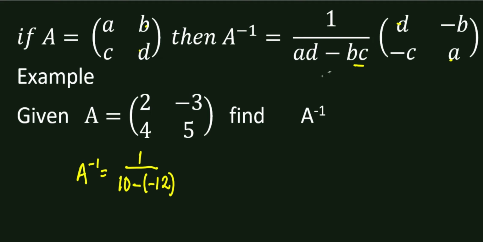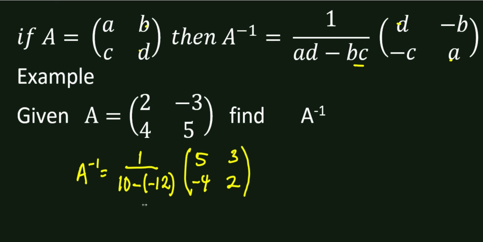Then we get the adjoint of A. We interchange the leading diagonal, so it becomes 5, 2. Then we multiply minus 3 and 4 by minus 1, so minus 1 times minus 3 gives us 3, and minus 1 times 4 gives us minus 4.